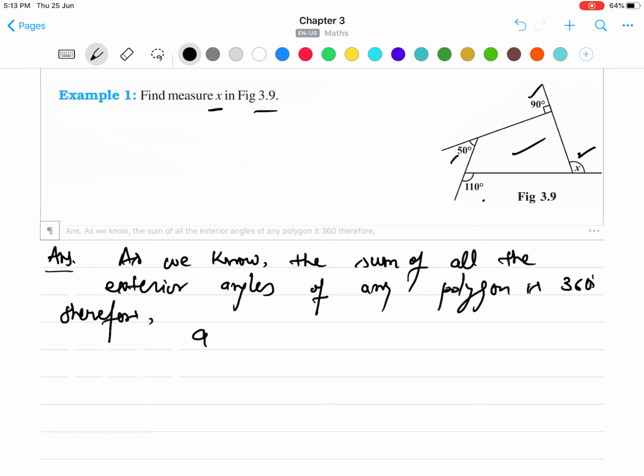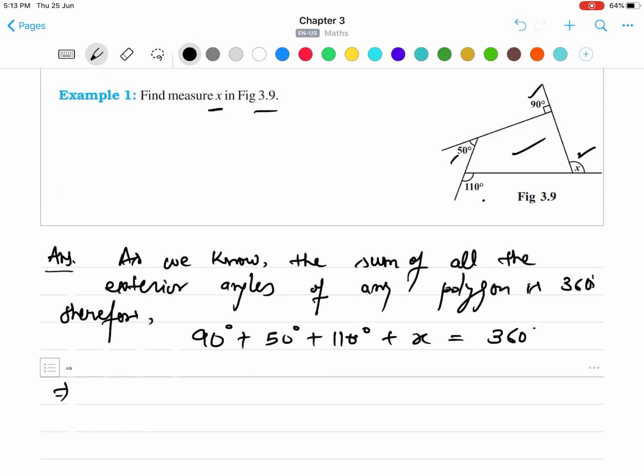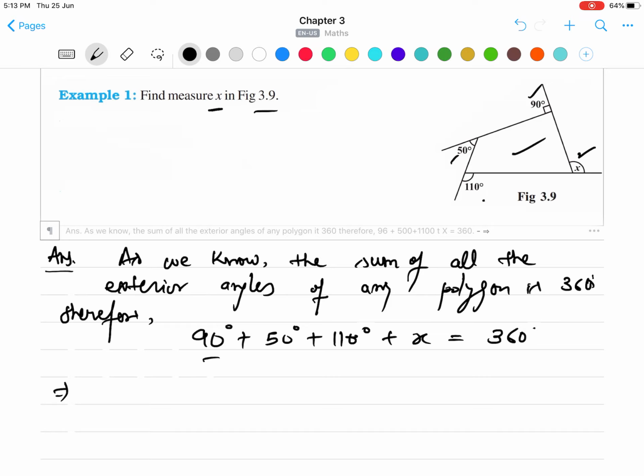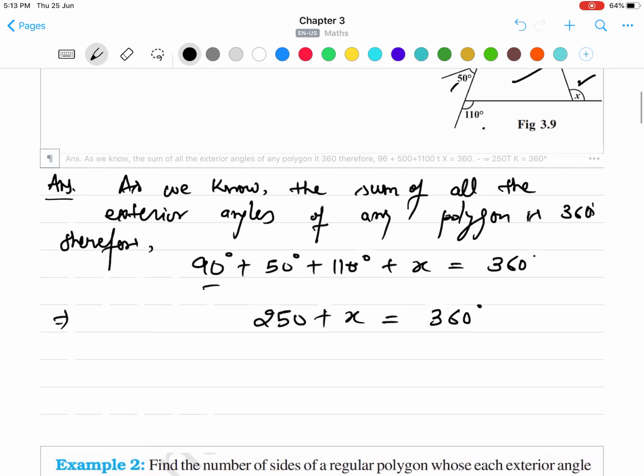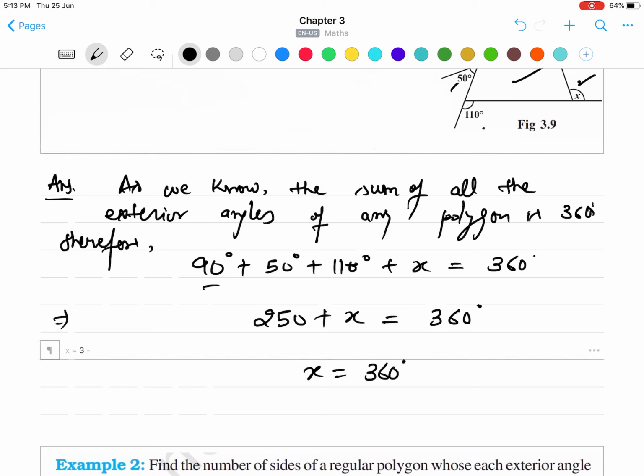That means 90 degrees plus 50 degrees plus 110 degrees plus x has to be equal to 360 degrees. This implies that 90 plus 50 plus 110, 110 and 90 will be 200, and 250 plus x equals 360 degrees, or x from here will be 360 degrees minus 250 degrees.